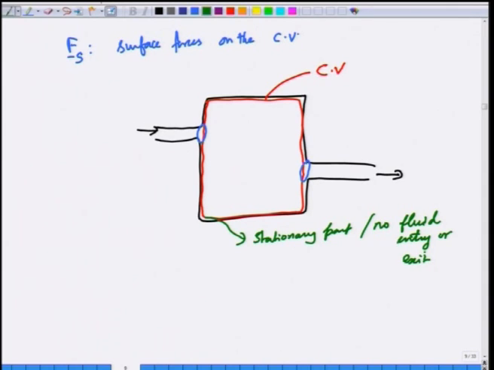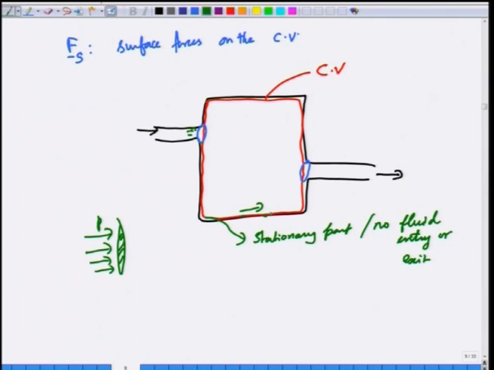So, various forces can act on the surfaces. For example, whenever fluid is entering the control surface into the CV, there are pressure forces that act on the control surface. That forms a force. And whenever there is fluid flow inside a CV, at the surface itself there can be resisting forces due to the shear stresses exerted by the wall on the fluid.